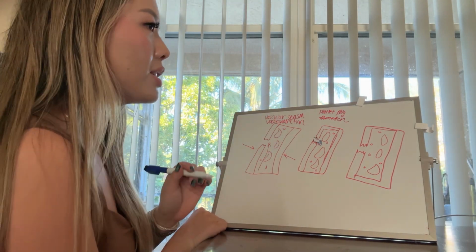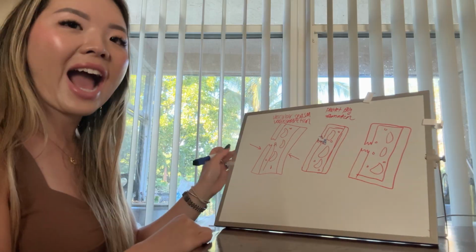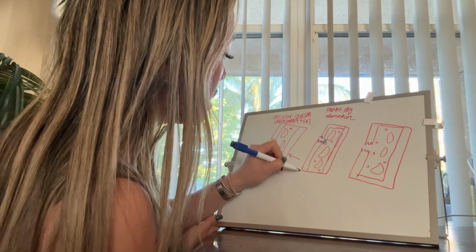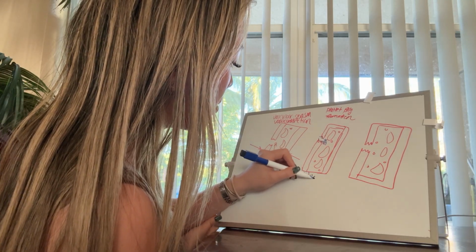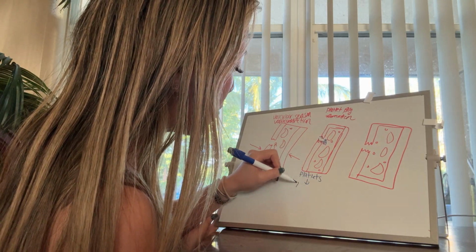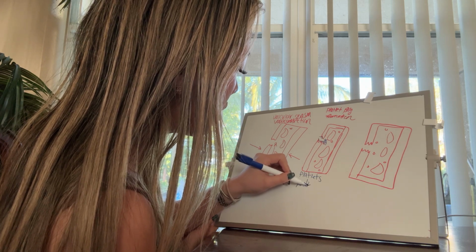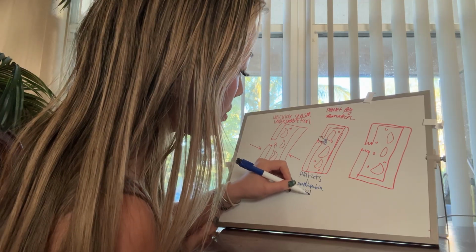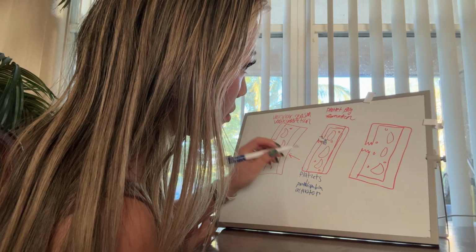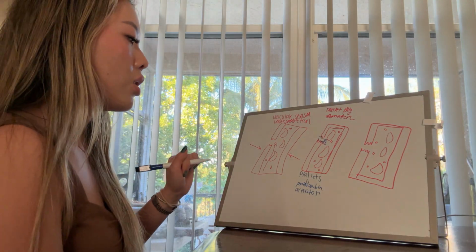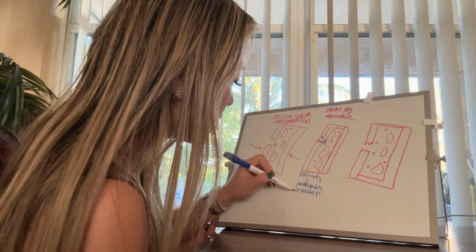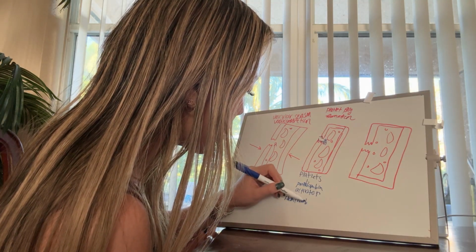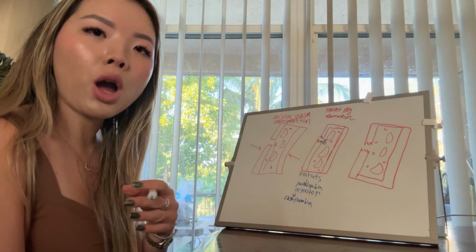So this plug at the site of damage is going to activate something called prothrombin activator. So platelets are going to activate prothrombin activator, which is then going to activate prothrombin. What do we know about prothrombin?